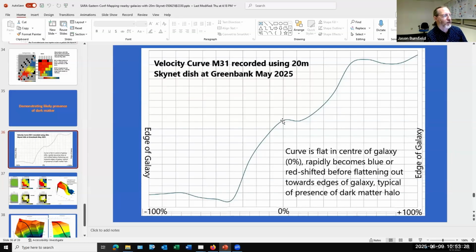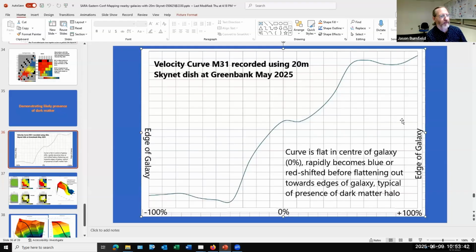So if you were looking at what Kepler's law would look like, you would see a plot where the curve would look more like this, right? Where the velocity would slow down as you got farther out. But what we see is it stays flat, even out to the edge. The velocity stays high.